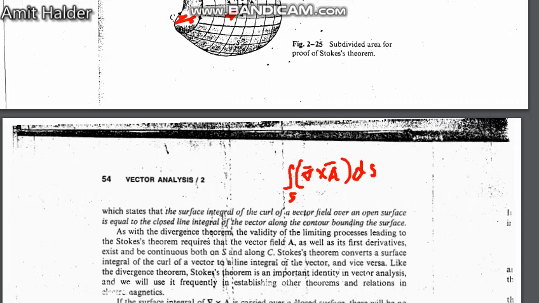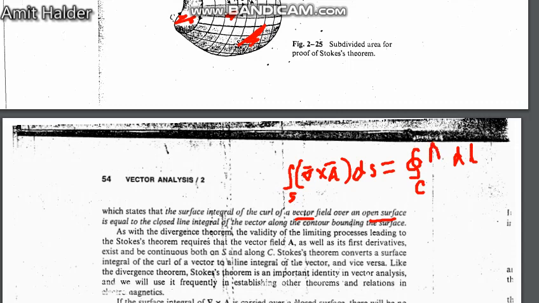The surface integral of the curl of a vector field over an open surface is equal to the closed line integral, with the sign of a closed line integral over the contour C, of the vector, that is the line integral, so that will be dl, along the contour bounding the surface.